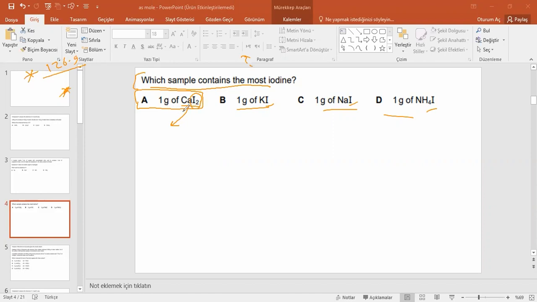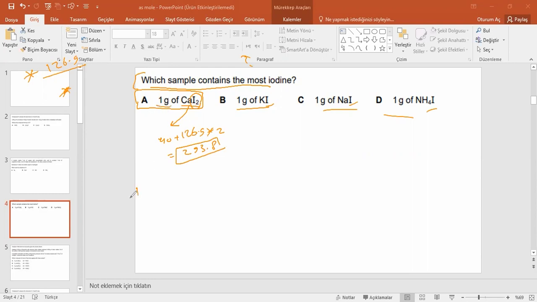So for this question, we have to calculate first the molar mass of CaI2. Ca is 40 plus iodine, guys, is what's the molar mass of iodine? As we said, it is 126.9 times 2, and this one will give us 293.8. Okay, this is the molar mass of this compound.